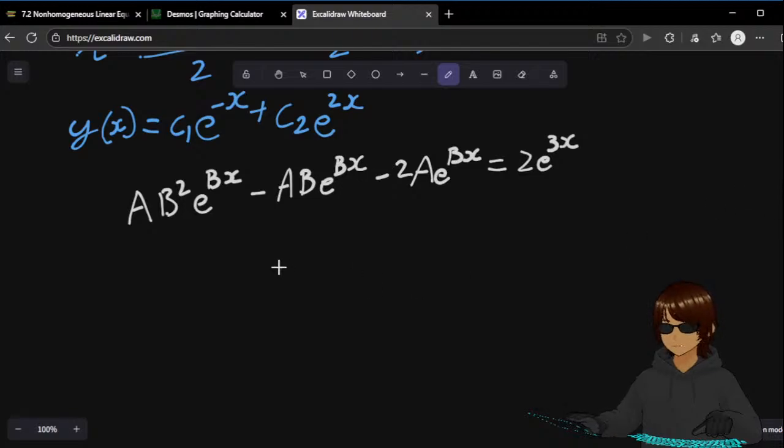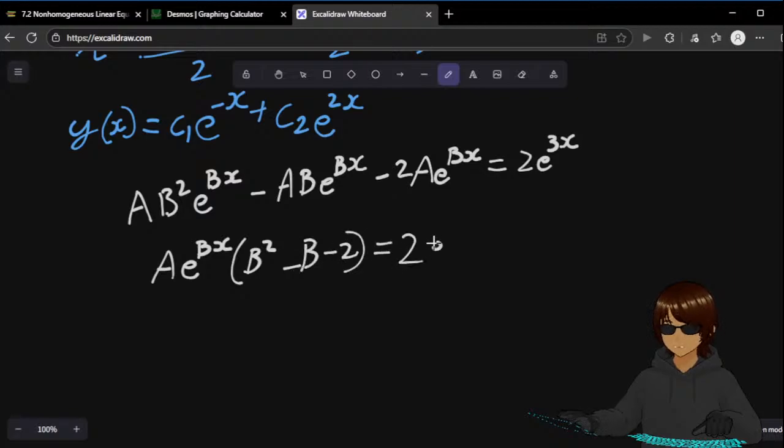And then what? A e to the power of bx repeats in all of this. We have a times (b squared minus b minus 2) e to the power of bx is equal to 2 times e^(3x), right?